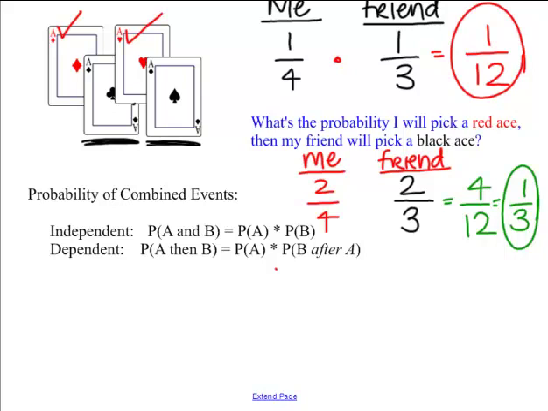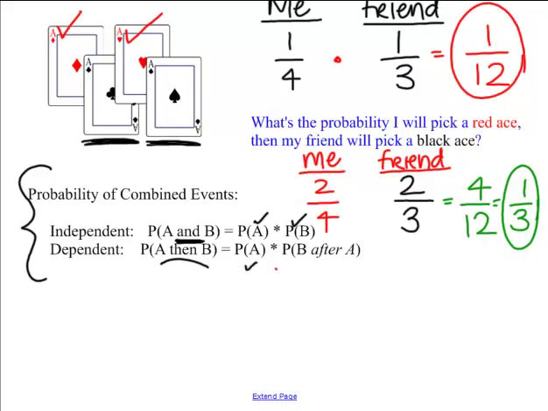So this sums up the two different probabilities when we're combining events. If they're independent of each other and I want A and B to happen, you just multiply their probabilities together because one doesn't depend on the other one. But if they are dependent on each other, that means that I want to pick A first and then B. There has to be a specific order to them, and one is going to change the outcome of the other one.